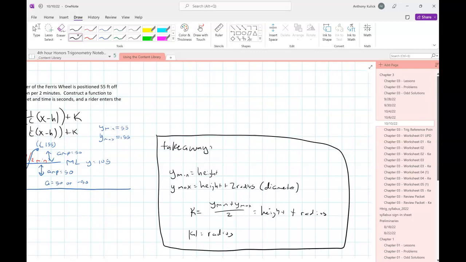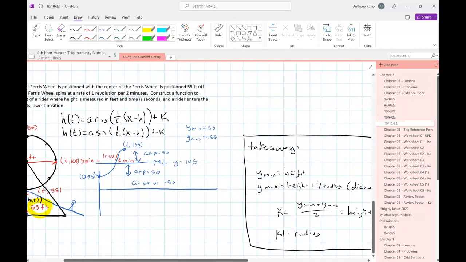I'm trying to present this both intuitively and formulaically at the same time, so we're going to talk through how we're coming up with the formula.